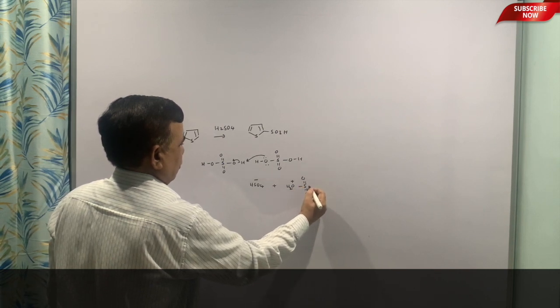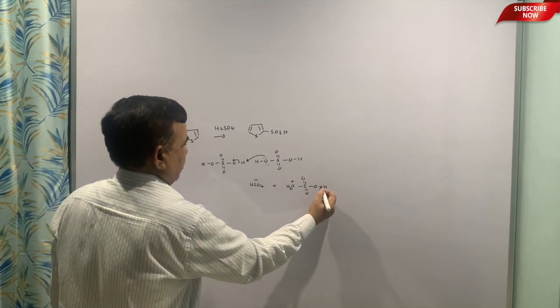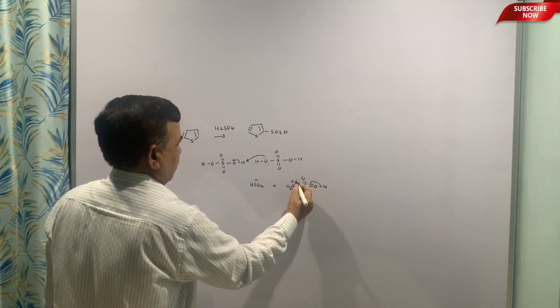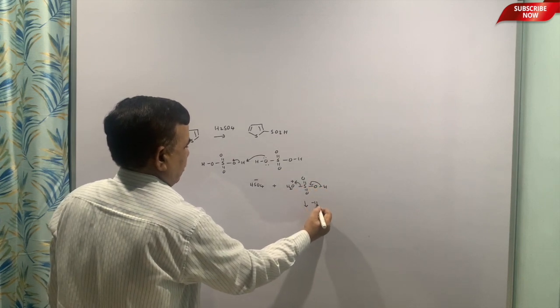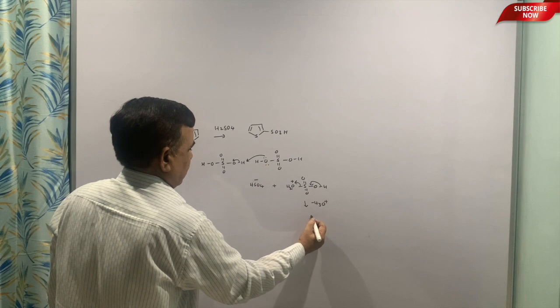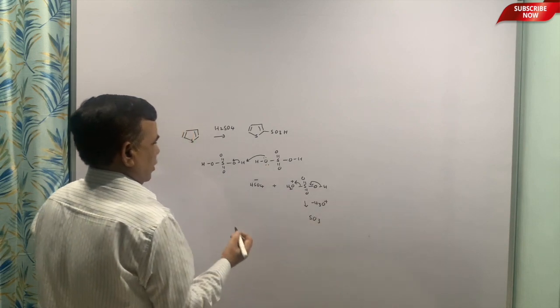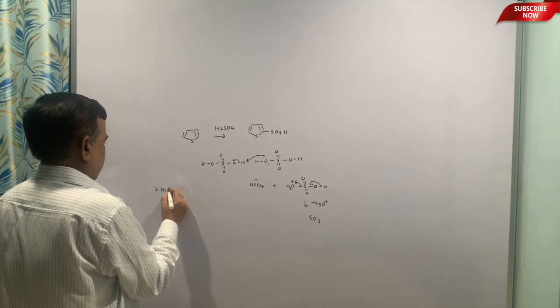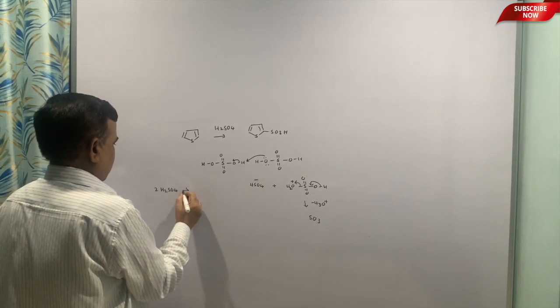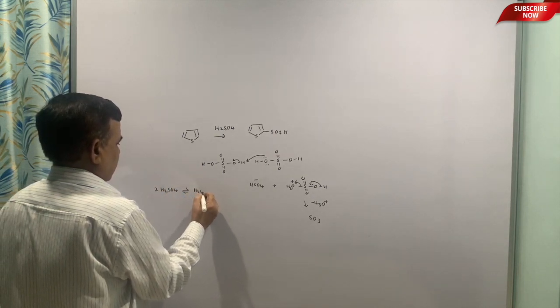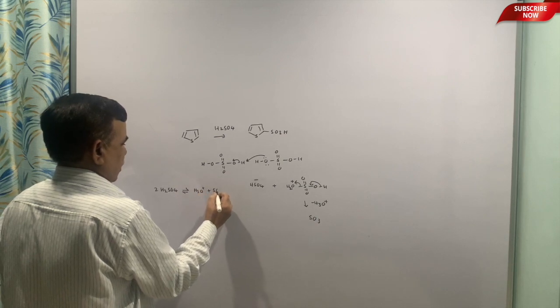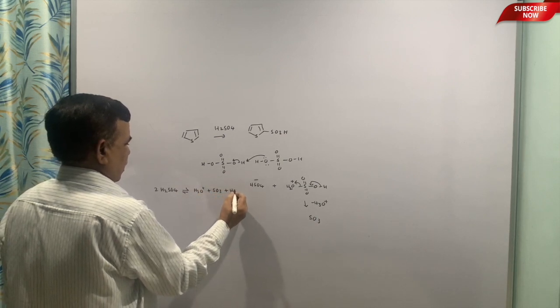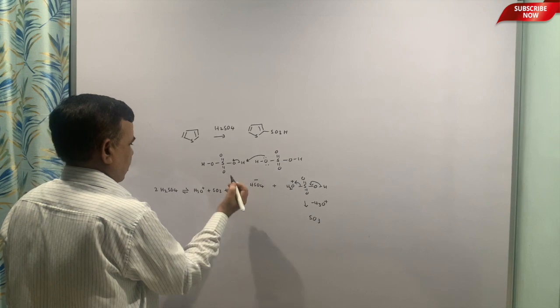SO and OH minus, H3O plus, and then the overall thing is 2 H2SO4 molecules, they give H3O plus, SO3, HSO4 minus.